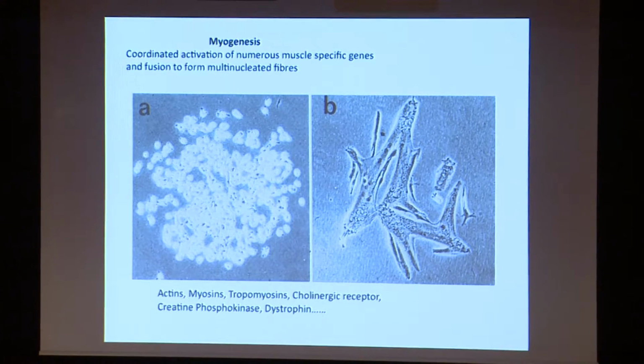Initially, I'm going to try to provide an image of what myogenic cells are. Myogenesis was mostly studied through the use of cultured cells. This is a static view of myogenic cells in a growing phase, like a colony of muscle cells that has not yet differentiated.